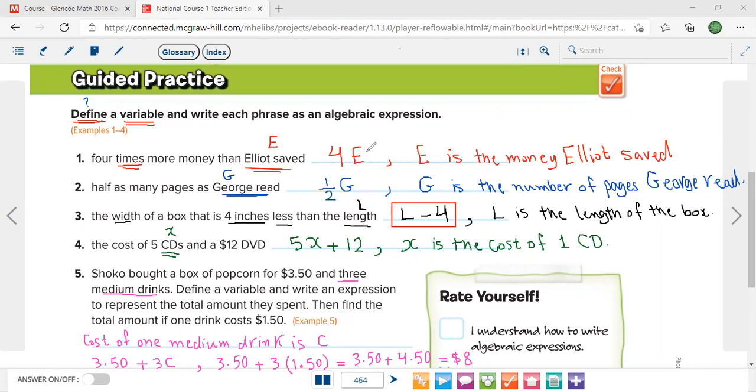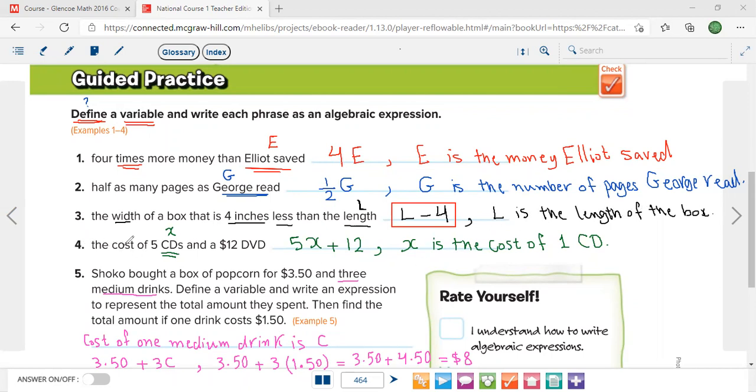It means tell me what the letter is. Now, the width of a box that is 4 inches less than the length. Let's say the length is L. 4 less than L means L minus 4, such that L is the length of the box.